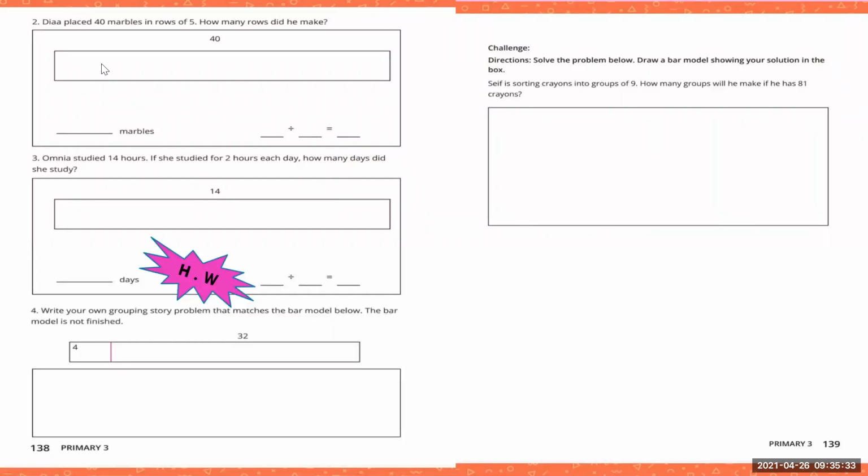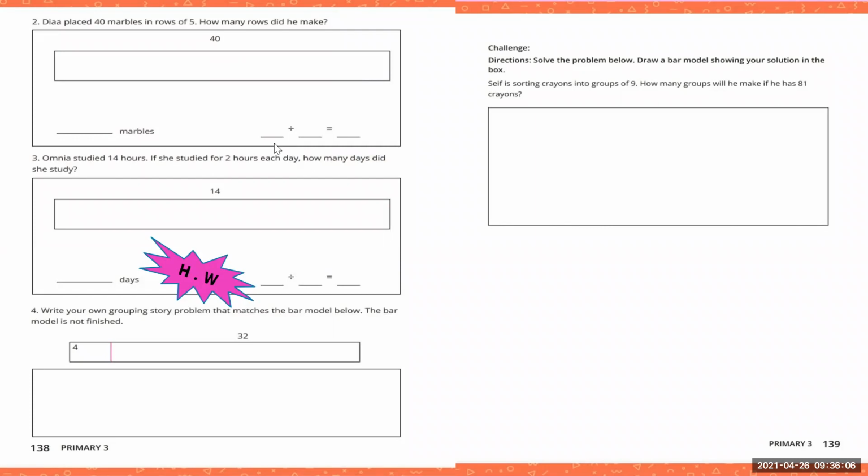Okay, the next page. Dia placed 40 marbles in 2 rows of 5. So the total is 40 marbles. And he wants to put them in 5 rows. How many rows did he make? It means I will divide 40 by 5.